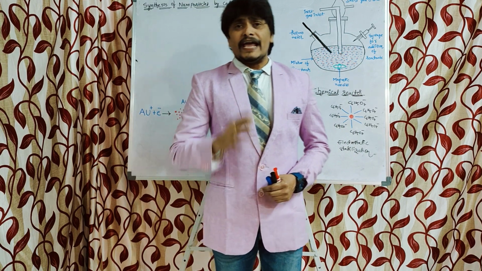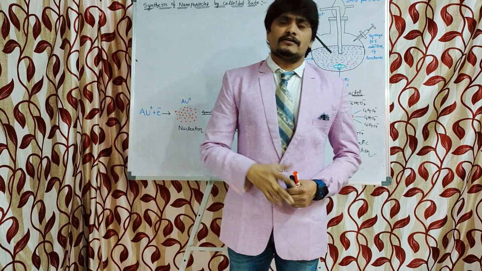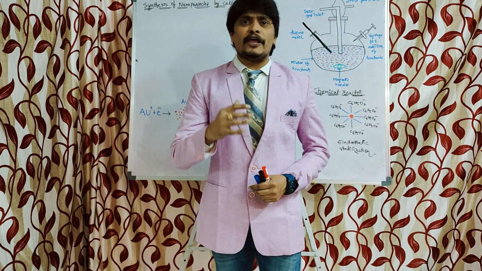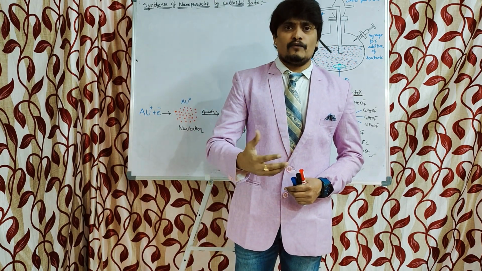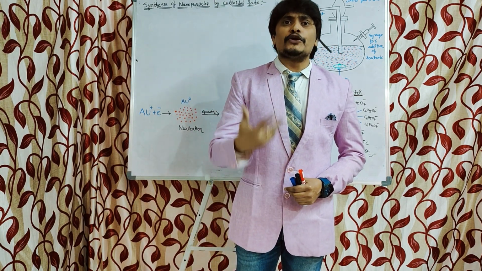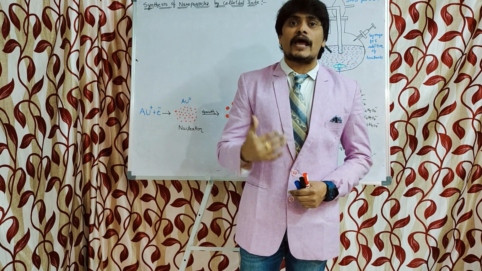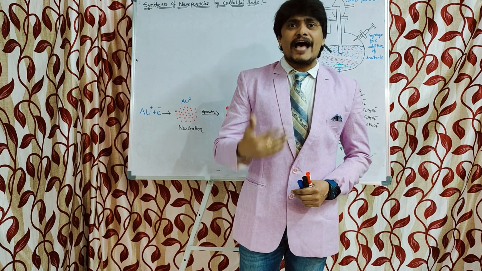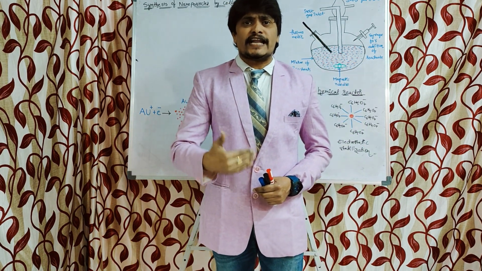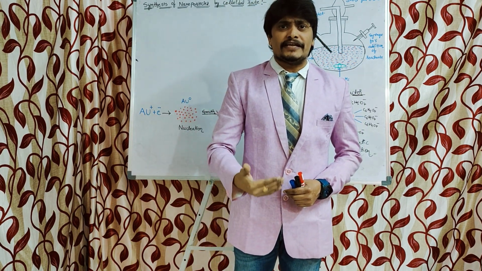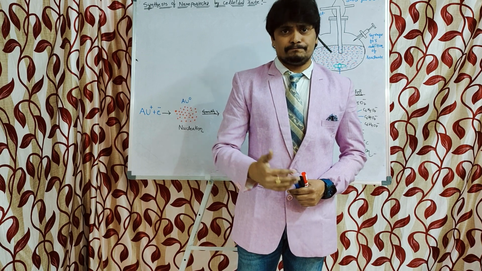Now, in this video, I am going to explain how we produce nano gold using this colloidal route. As we are going to synthesize nano gold, definitely the metal is gold.